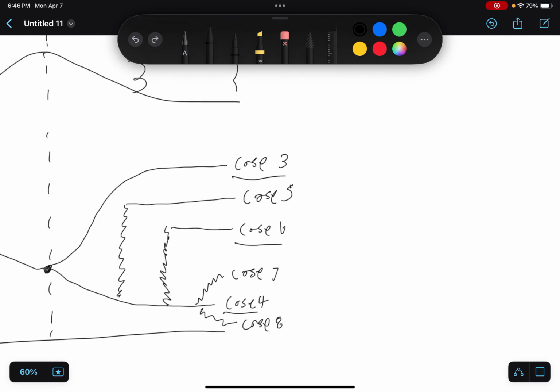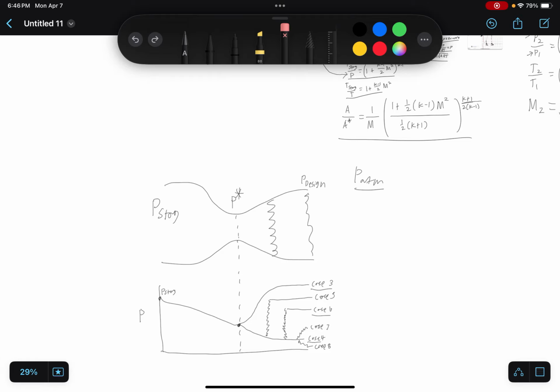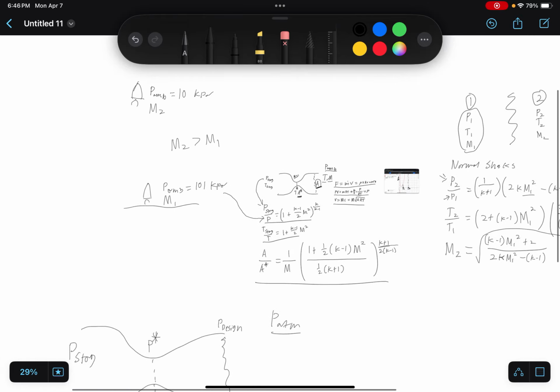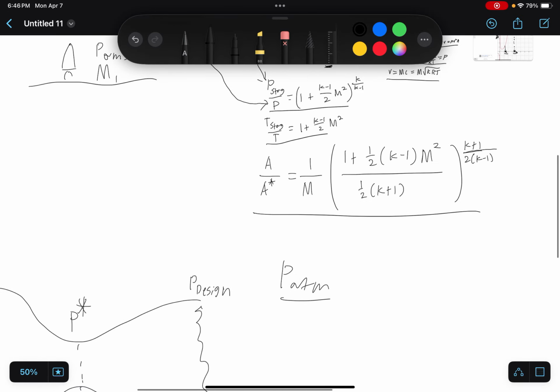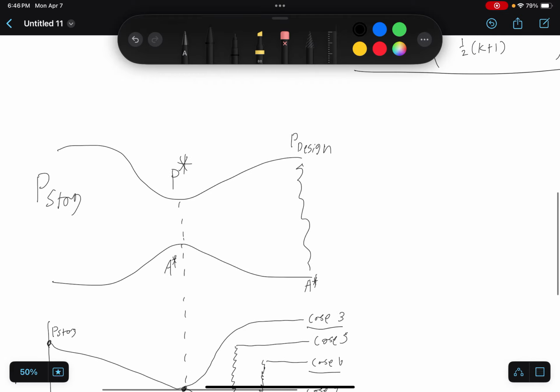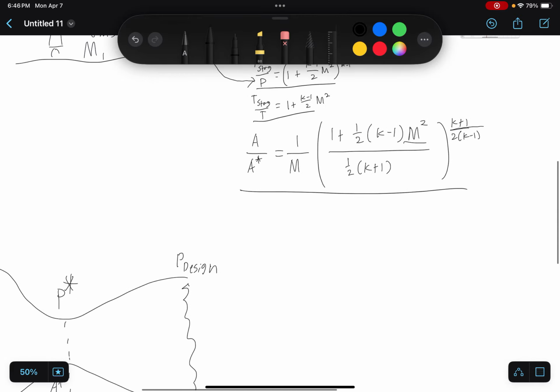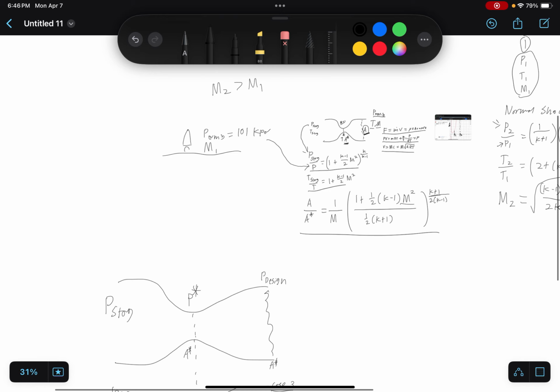Now, for a case 6 where it's a normal shock right at the exhaust, the way you would do it is using your normal equations. You don't even worry about P ATM to start with. Typically, they'll give you the area ratio. So they'll give A star, they'll give A, and then you can calculate the Mach number, and then based on that, you can calculate the pressure, this pressure.